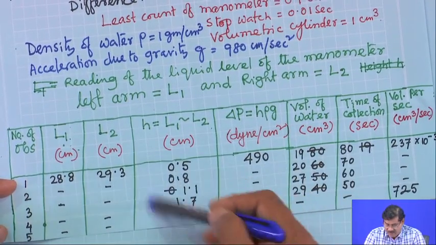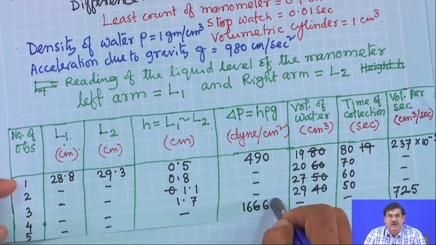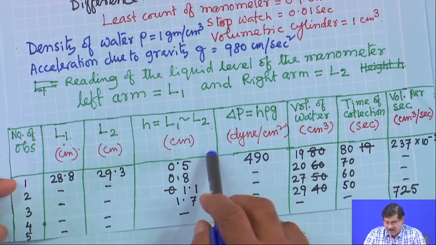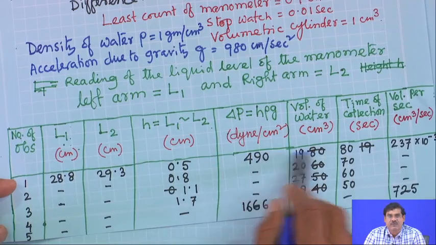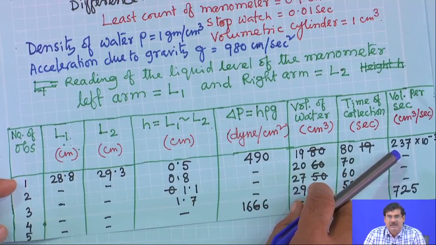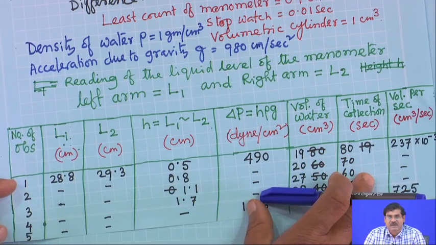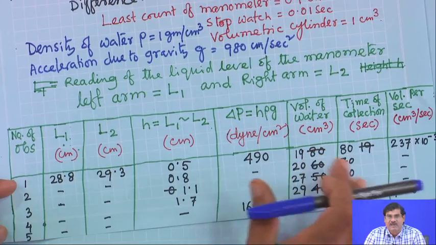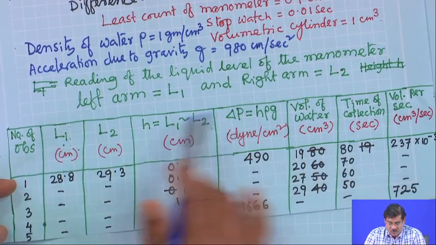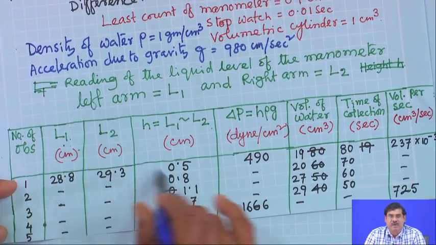Because I cannot increase this pressure too much. The flow of water should be streamline motion, otherwise it will be turbulent, and then this formula will not be valid.